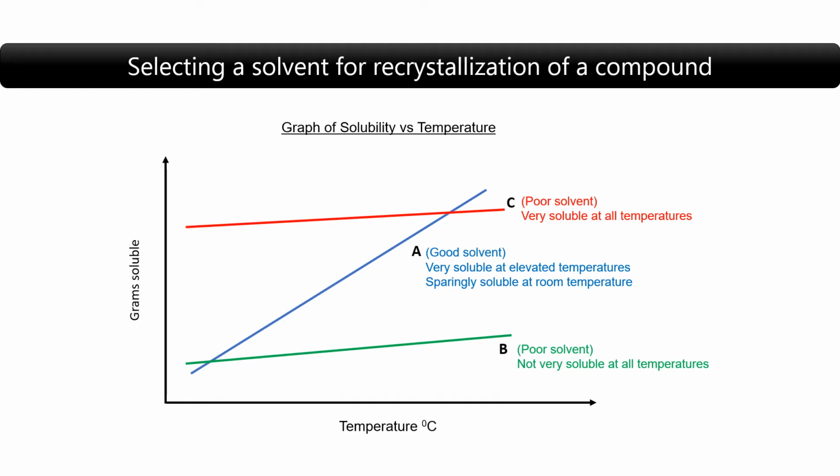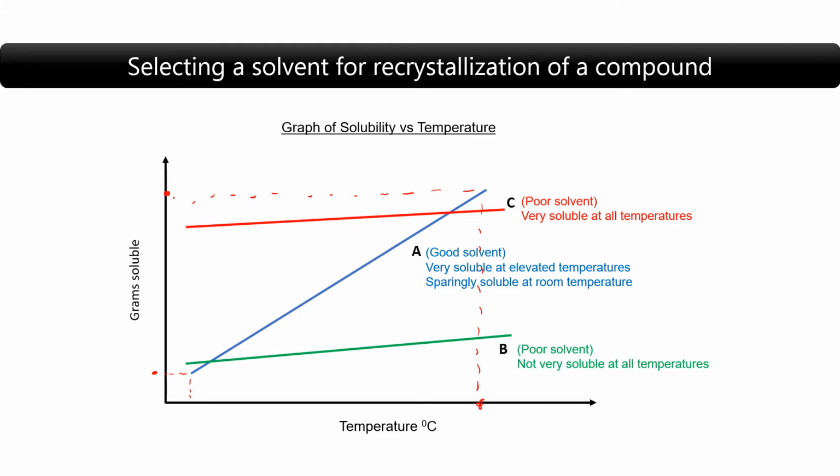How would we choose an appropriate solvent for the recrystallization of our compound of interest? A good recrystallization solvent should display a low solubility for our compound of interest at low temperatures, but a high solubility for that same compound when the temperature is increased.